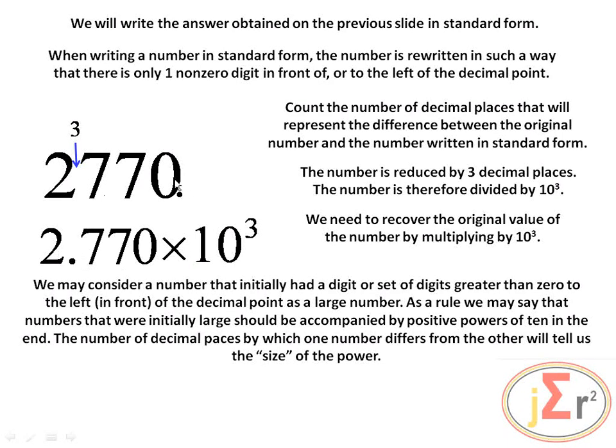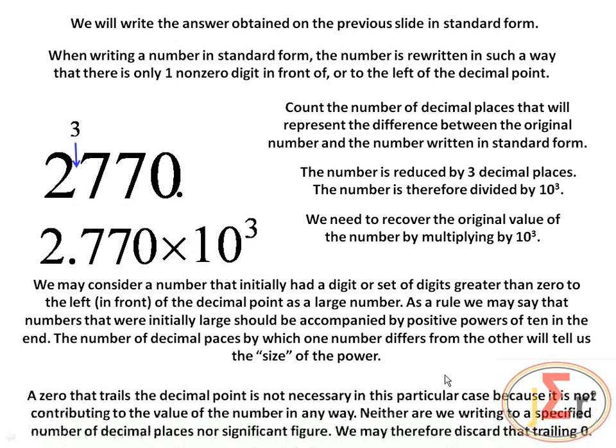The number of decimal places will tell us. And in this particular case, the number of decimal places by which this number differs from this is 3 decimal places. Therefore, it is a positive 3. The sign is positive because the number was initially large. The number is 3 because the difference between the two numbers is by 3 places of decimal.